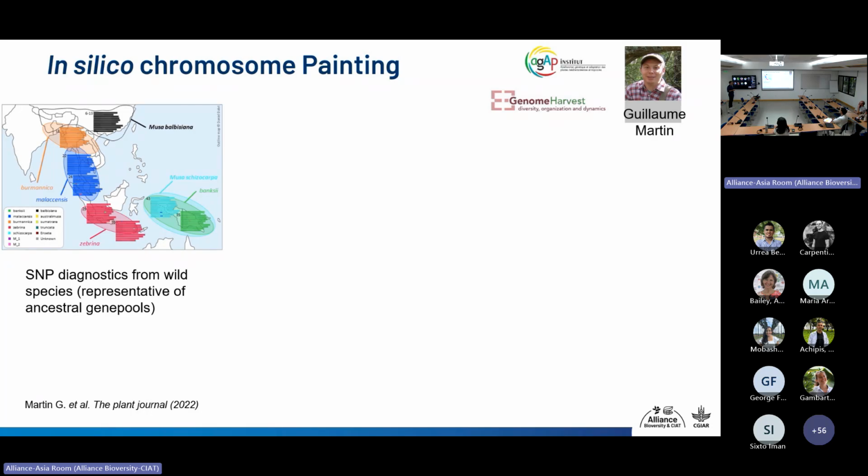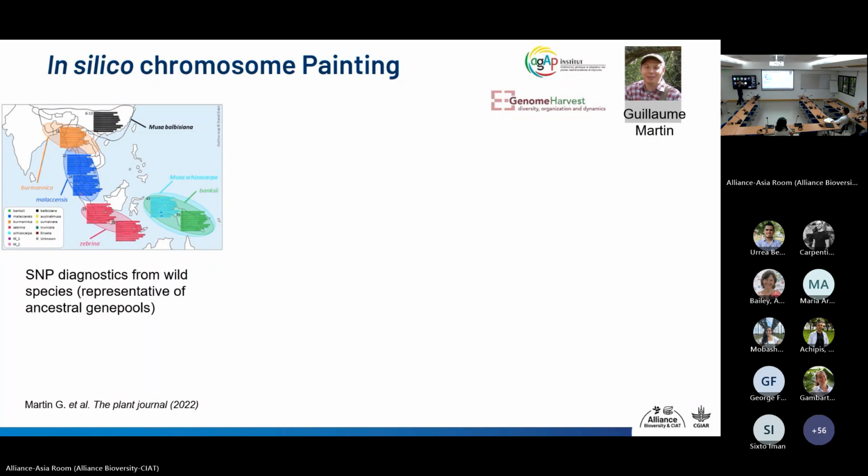And talking about our partners at CIRAD, at that period, they started to develop a method that we call in silico chromosome painting. And I will explain basically the principle, and Guillaume Martin was the main person working on that, is that for representatives of the ancestral gene pools, it was possible to develop SNP diagnostics and to give them a color based on their origin.